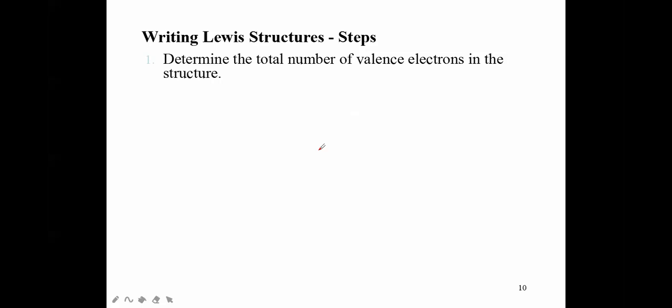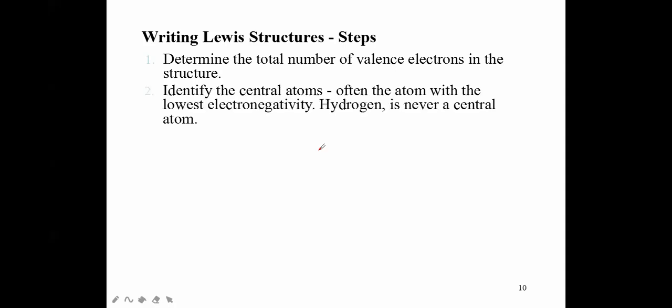For all the atoms which are bonded, we determine this one has so many valence electrons, the next atom has so many, and we calculate the total number. Then from there, we identify the central atom, the one with the lowest electronegativity. Remember, hydrogen can never be a central atom because it can only make one bond.